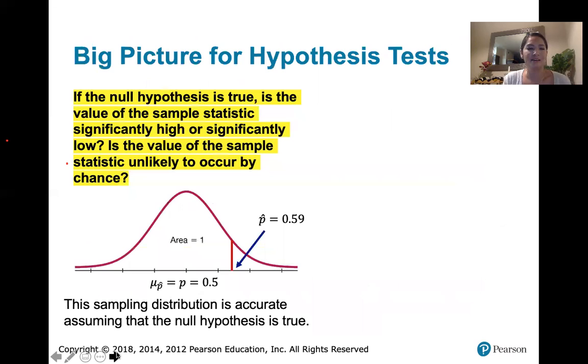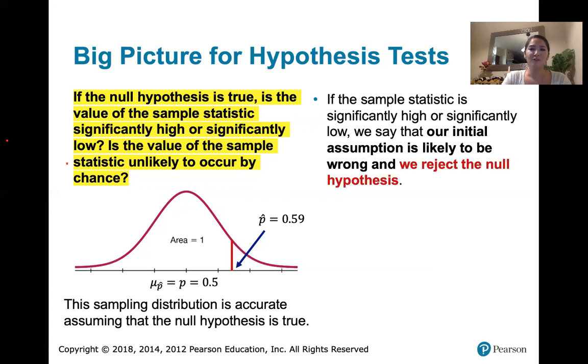Okay. So we're again asking this question. Now remember, whenever we draw this sampling distribution, this is only accurate assuming that the null hypothesis is true. We're saying, assuming that the null hypothesis is true, the mean is this. What can we say about that null hypothesis being true, given this value of p hat from our sample?